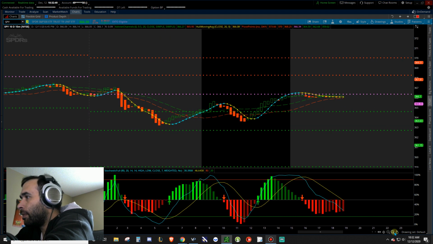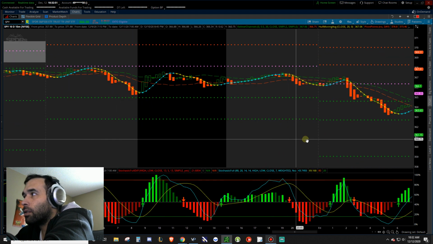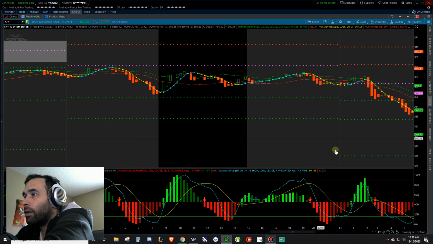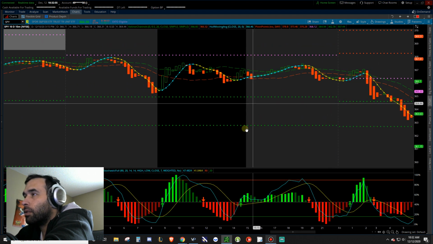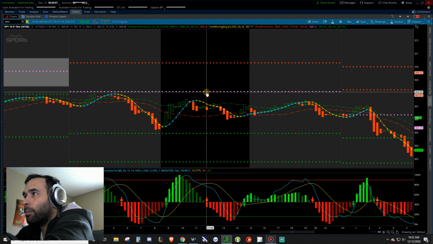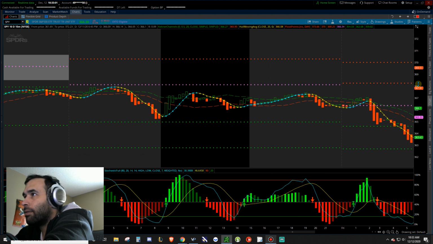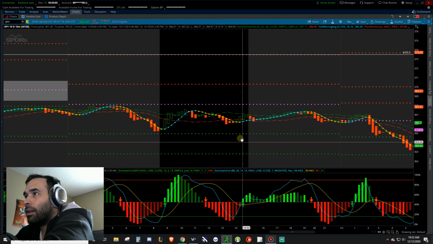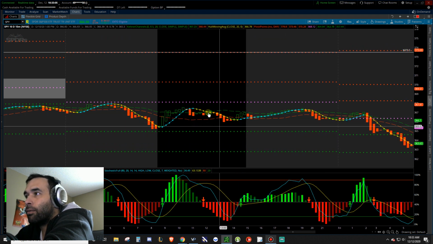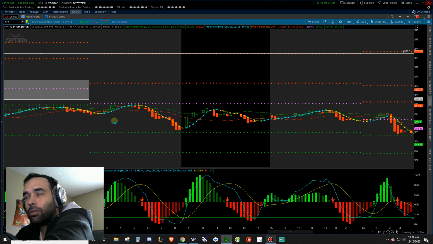But let's go back. Let's go to Thursday. So Thursday, using this system, again, opening under the pivot. The reason I like these pivots is they give you an idea of the context of where it's at relative to yesterday.